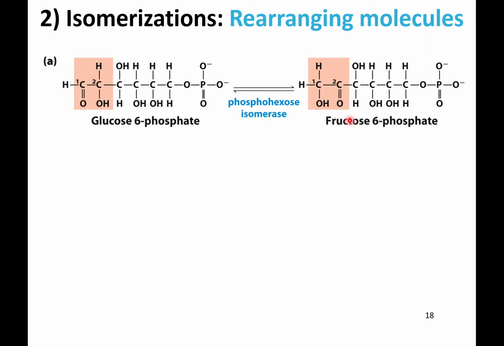This is actually one of the reactions in glycolysis, and we'll be talking more about that in chapter 14. All you're doing is moving the carbonyl group from carbon 1 to carbon 2, so you're switching the carbonyl and the OH group.